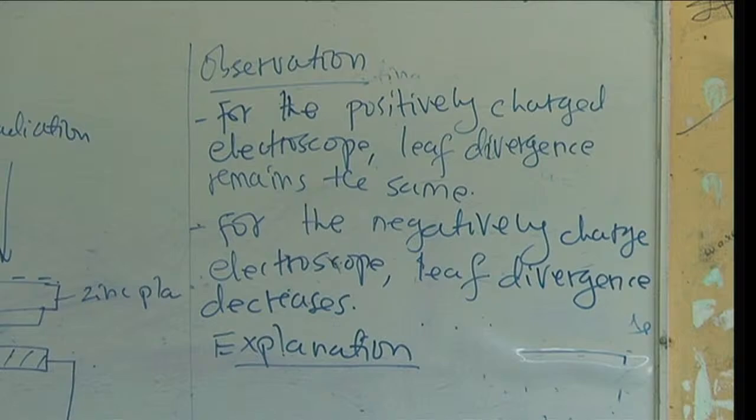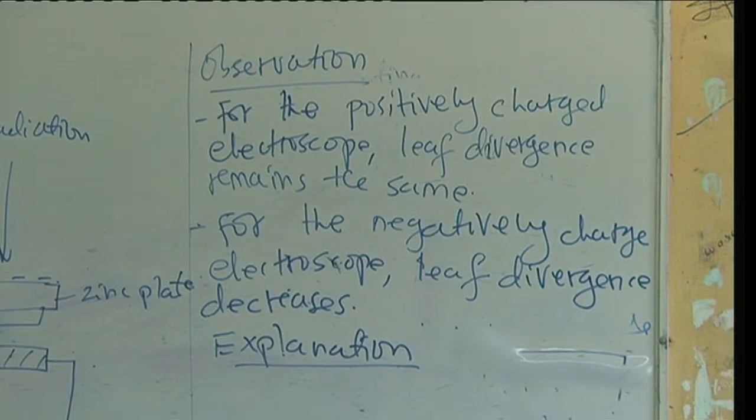When it comes to the negatively charged electroscope, when the UV radiation now falls on the zinc plate, the zinc plate is going to emit electrons. Now the emitted electrons are going to be repelled by the negative charges on the electroscope, and therefore they escape.